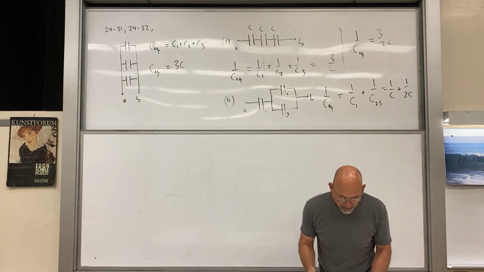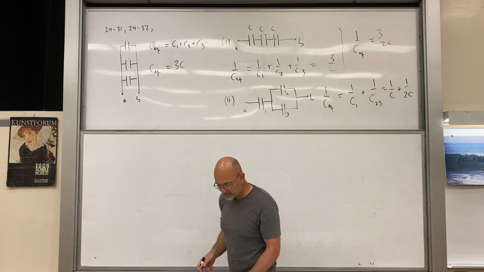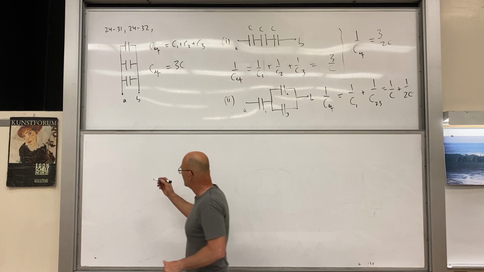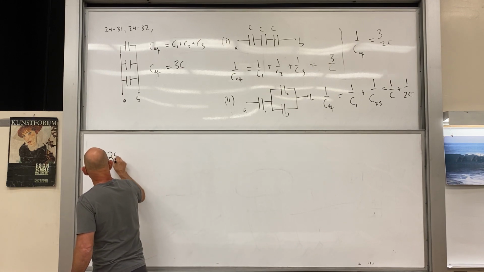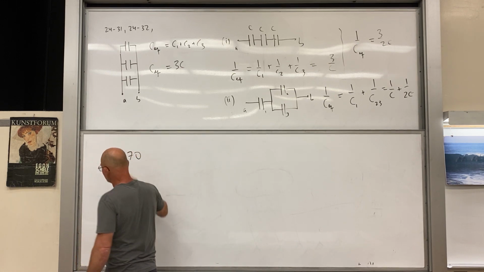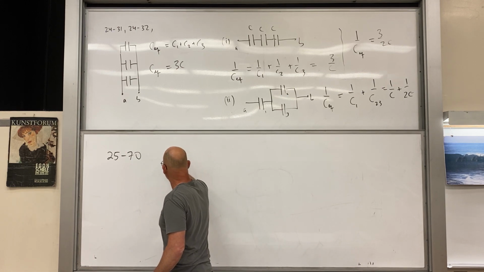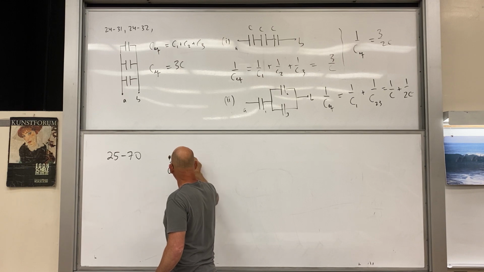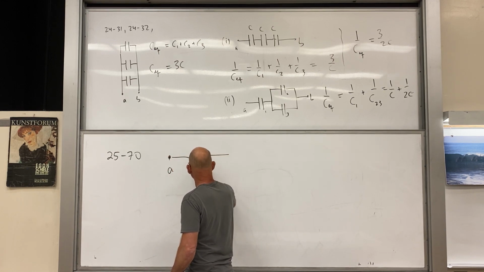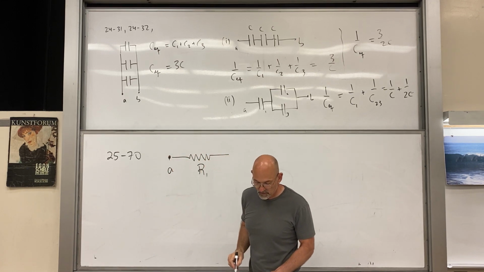Let's see what we have here. Chapter 25, problem 70. It's a basic one. Okay, A. There's a resistor.